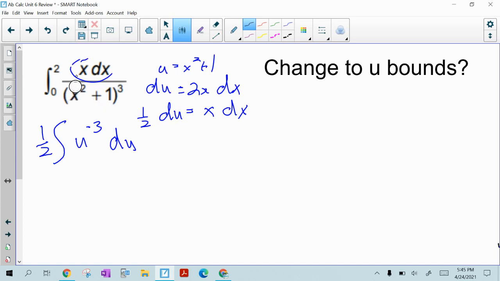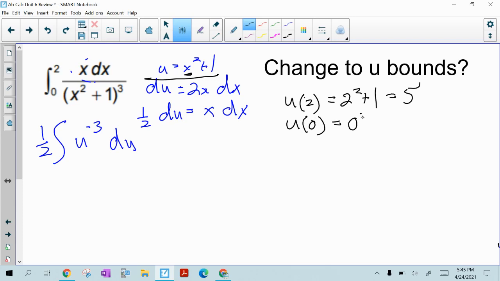All I'm going to do is substitute my actual bounds into my equation for u. So finding u of 2 just means substituting the 2 in for x. So I'm looking at 2 squared plus 1, which is going to get you 5, and I'm looking at 0, which is 0 squared plus 1, which is going to be 1.